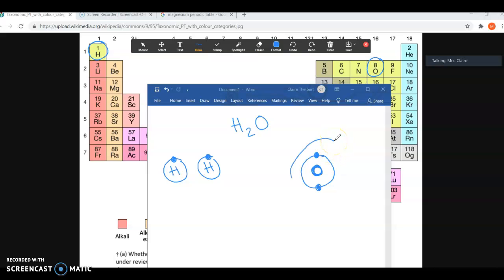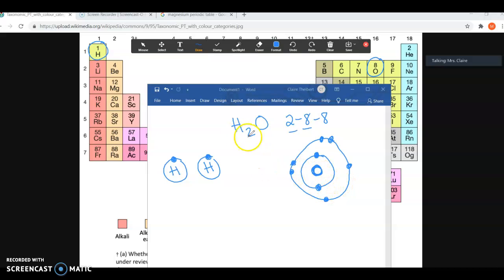Now we're going to draw our second ring, and again it's 2, 8, 8. We did 2 in that first ring. We can do up to 8 in the second ring, but we only need 6 more. So we're going to count 1, 2, 3, 4, 5, 6, 7, 8. So it would look like that.